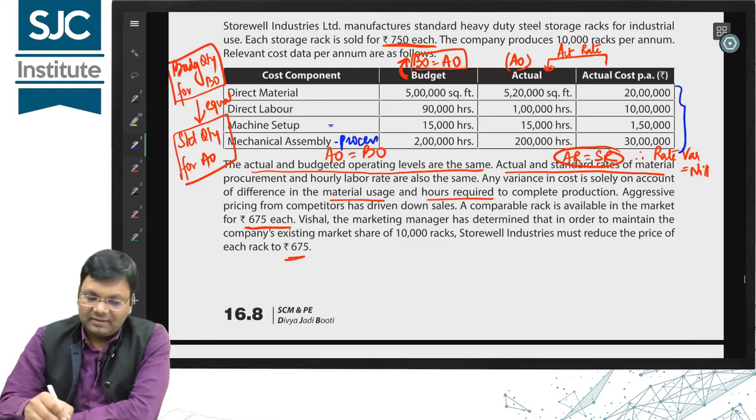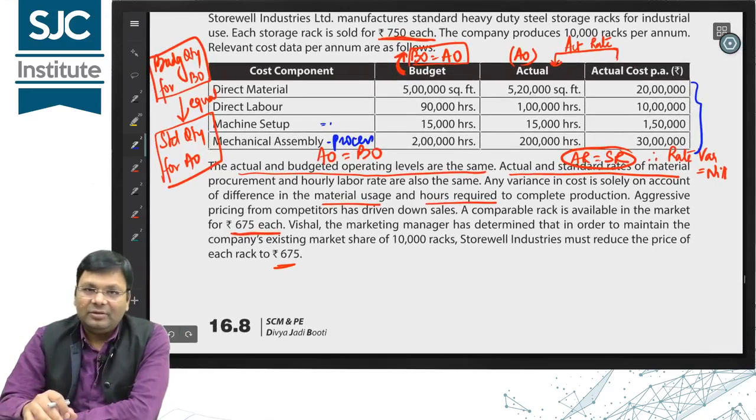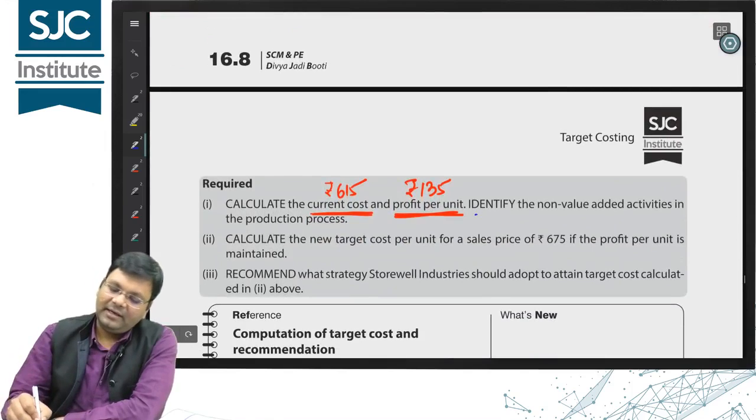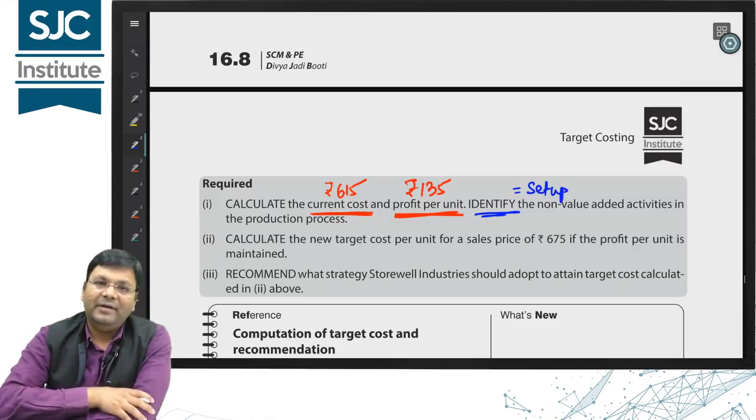Okay, so setup is actually here non-value adding, because customer is not worried about how much time you take to make your machines ready to produce. So main non-value adding activity here is setup. Without setup also, production can be done by having a different kind of process which doesn't require setup.